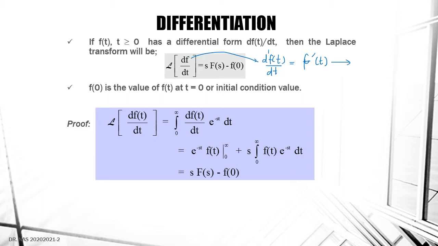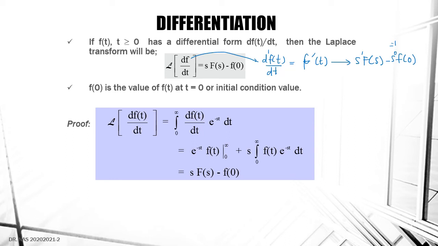This single prime symbol means that you have only the power of 1. So your s is to the power of 1, F(s) minus, until you no longer see the s in the function. So this is s to the power of 1, next is s to the power of 0 equal to 1, so f(0). Here you have s to the power of 0 equal to 1.